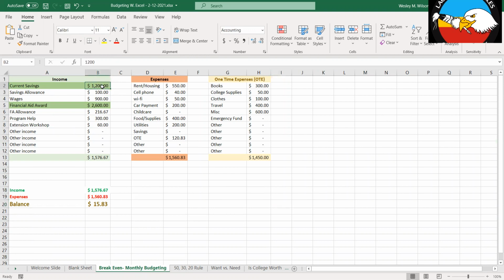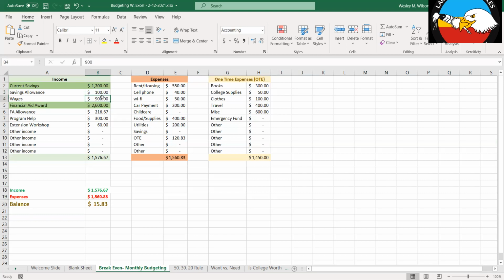Then you enter a formula right down here and divide that by 12 months. Basically that's saying, with your current savings, if you wanted to plug that into your income, you're allowed to have $100 every month from your savings to use on what you need.